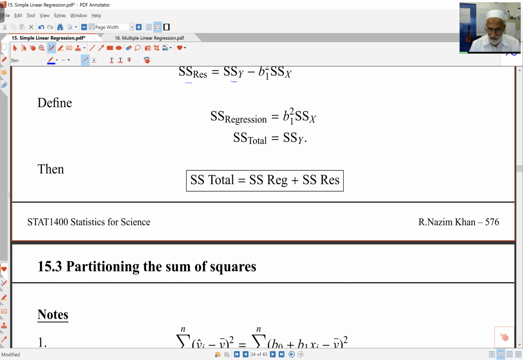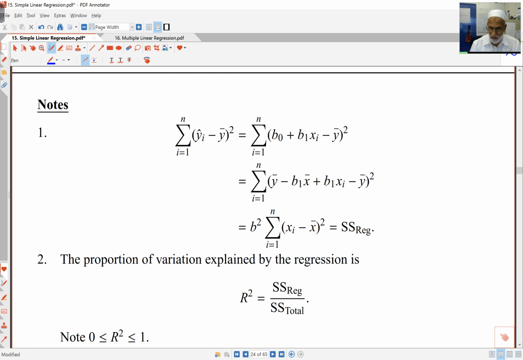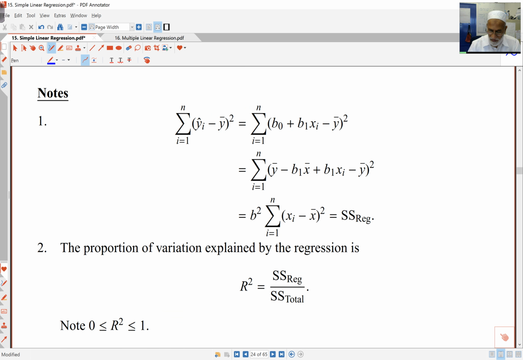What I do here is exactly as before. We can partition the sum of squares. The regression sum of squares, B1 squared times SSX, actually works out to be the same as the difference between the fitted values and the mean of the data.